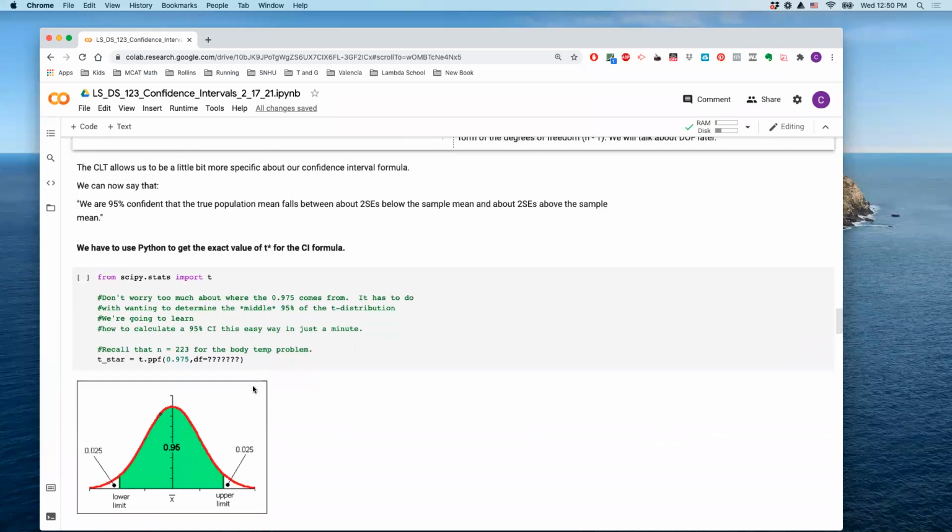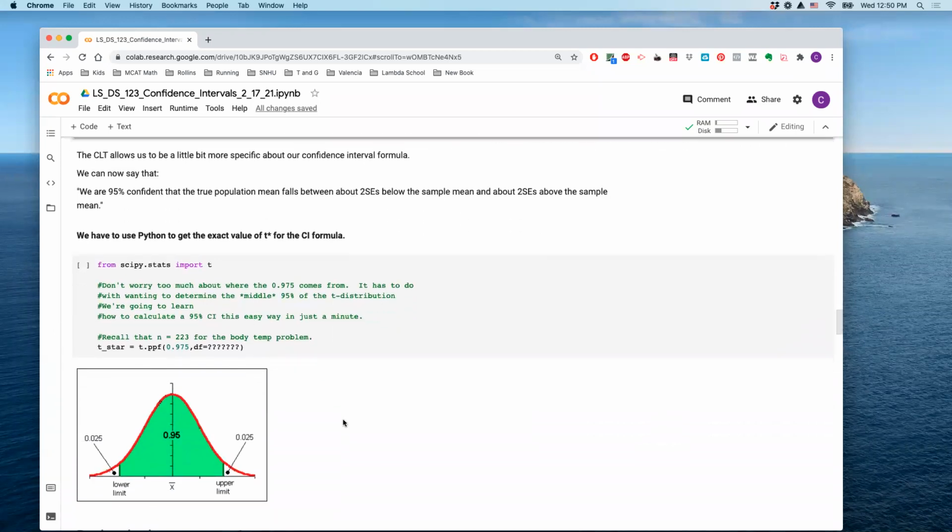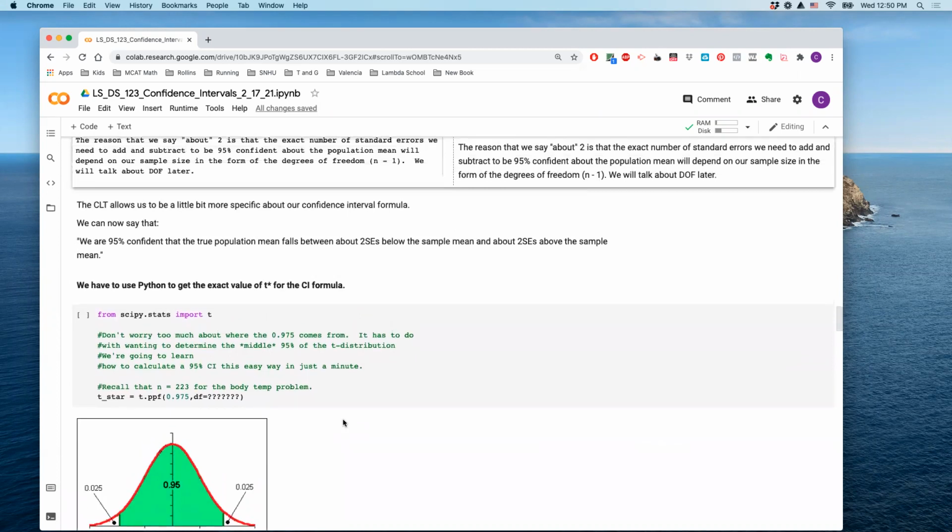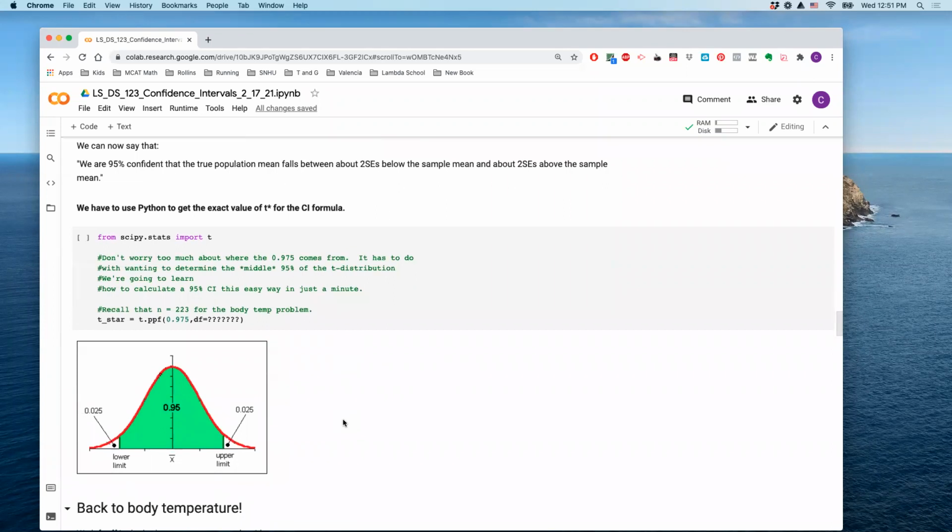We said that because of the central limit theorem, and knowing that we expect 95% of sample means that we could calculate to be within plus and minus 2 standard errors of the population mean, we could rephrase that as saying we're 95% confident that the true population mean falls within about plus and minus 2 standard errors of the sample mean. So again, we're still at that about part.